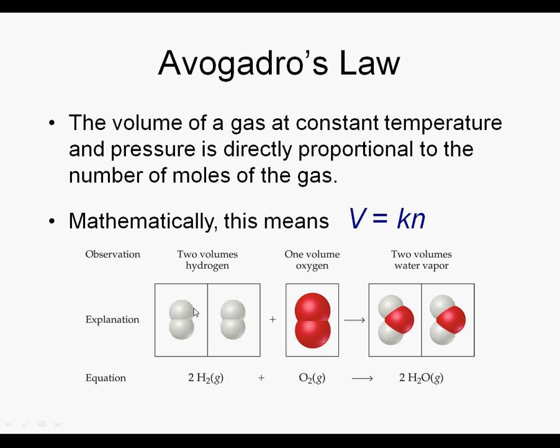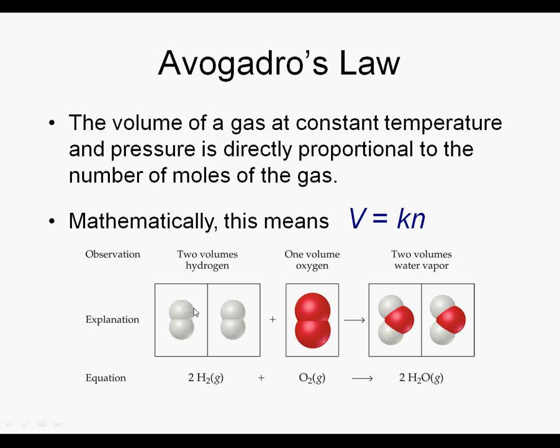Okay, and then we get to Avogadro's law, one of the ideas we learn about in the gas law chapter. When you mix gases, if you have a gas that has half an atmosphere of pressure, and you have another gas, their pressures simply add when you put them together.